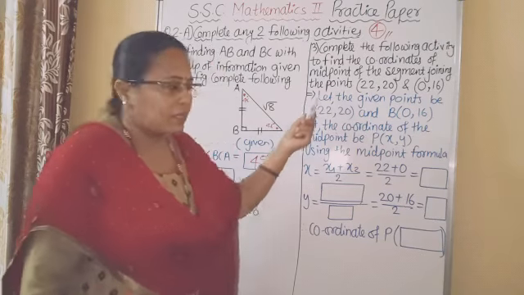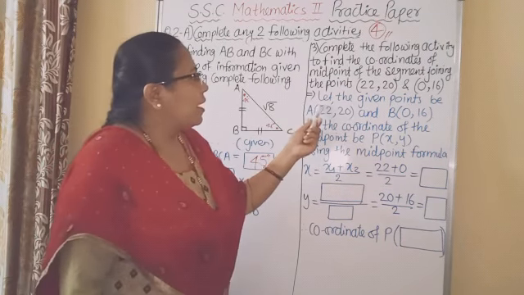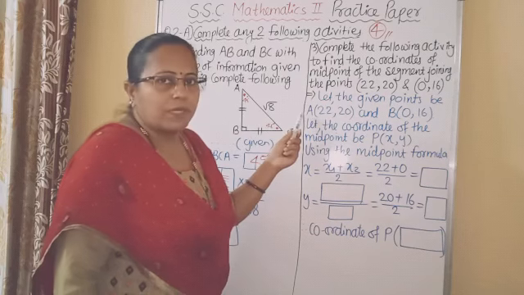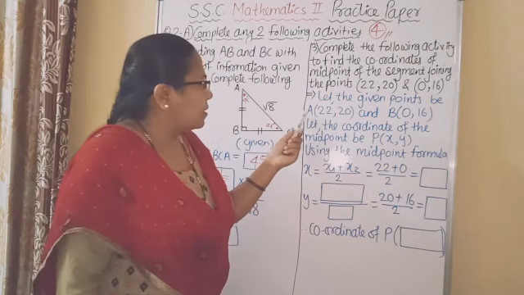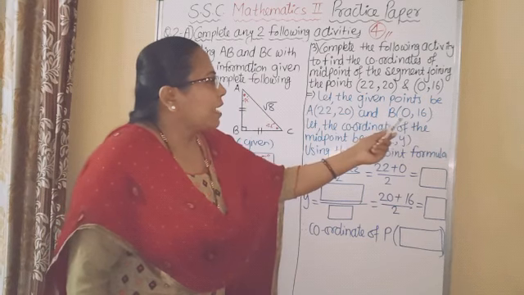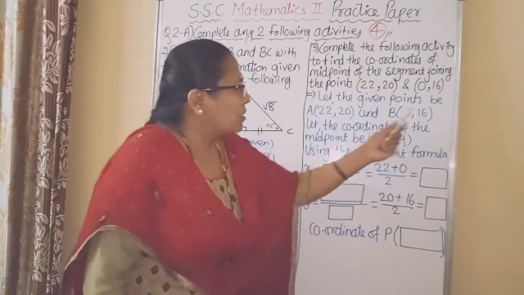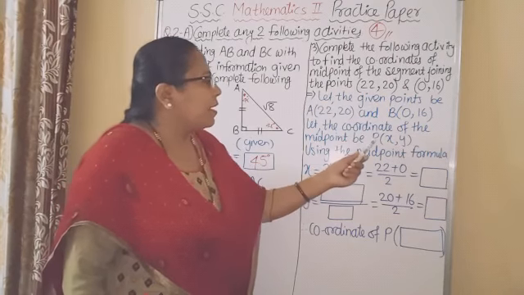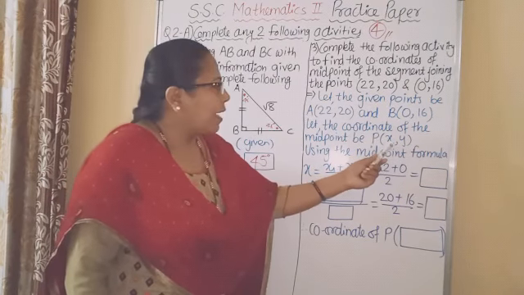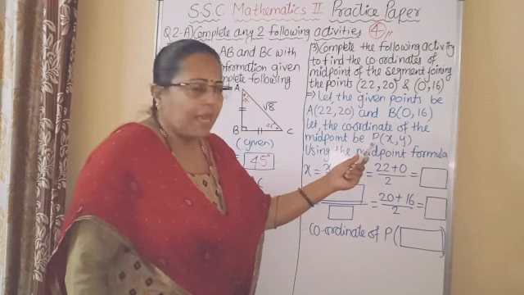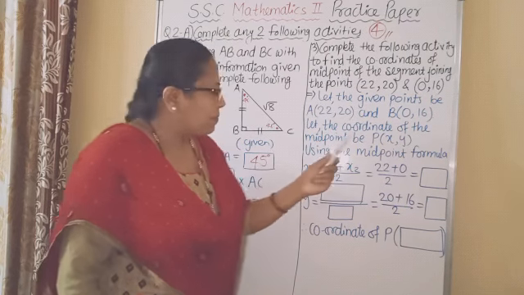So in the activity the steps are given. Let the given points be A, for the first point, label A is given, 22, 20, and the second point is B having coordinates 0, 16. Let the coordinates of the midpoint be P(x, y). The name for the midpoint is given as P and its coordinates x, y.